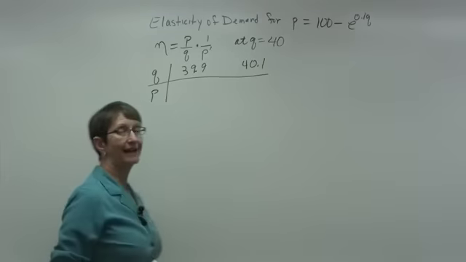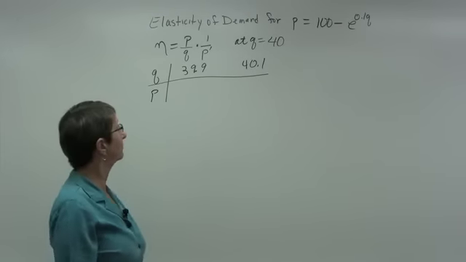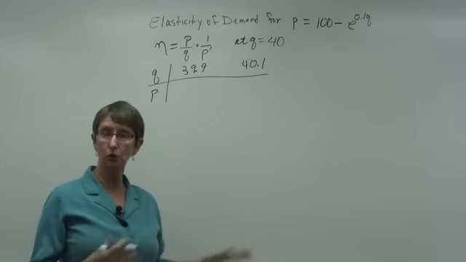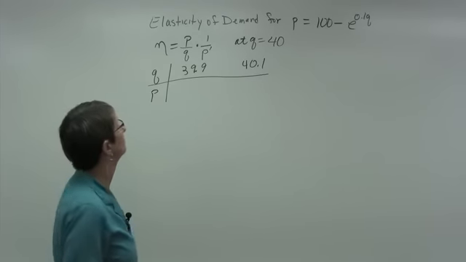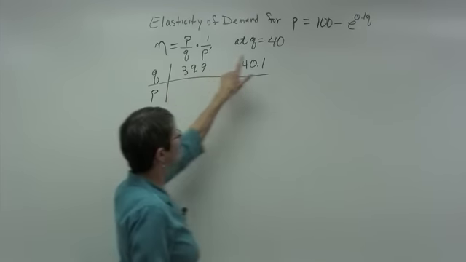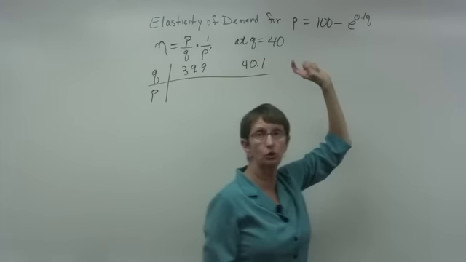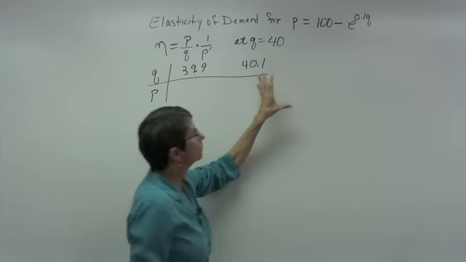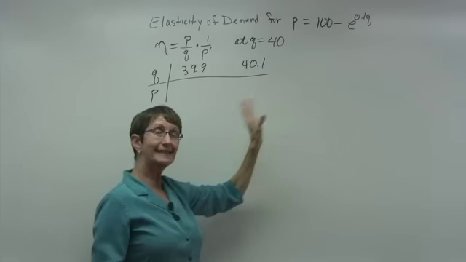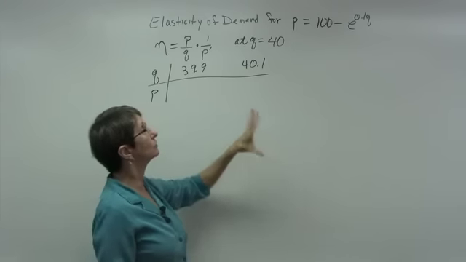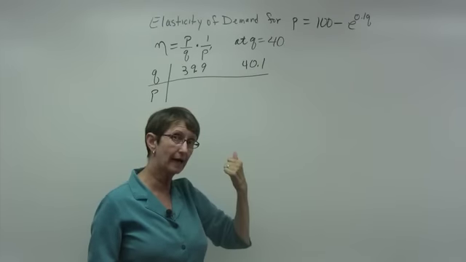let's find the P values that go with that in order to find P prime using the shortcut method with the slope formula. So if I plug 39.9 in for Q, this is one of those occasions where Excel can be very helpful because you only have to type the formula in one time.